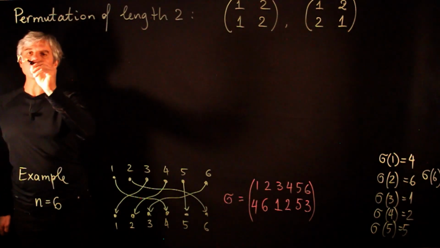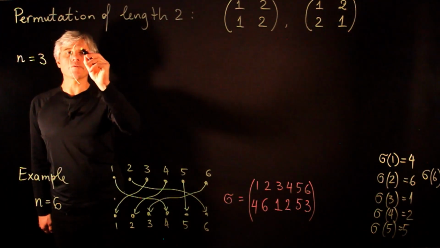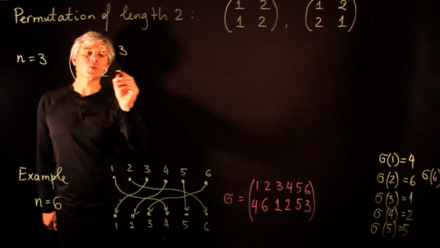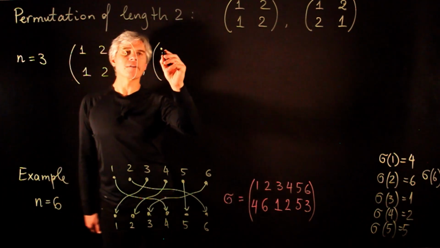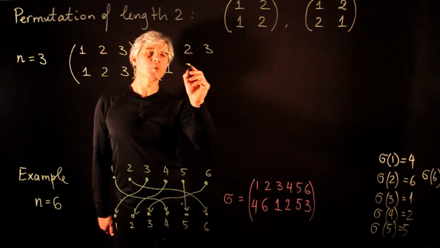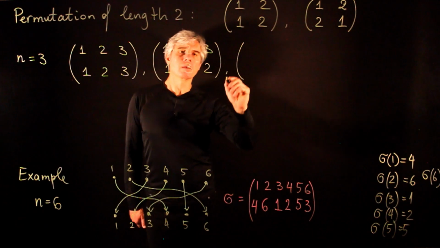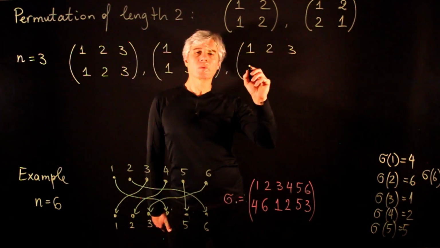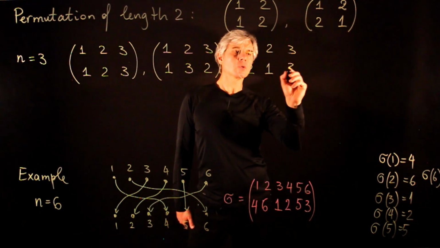If we take permutations of length 3, then we get more of them. So we could have 1 goes to 1, 2 goes to 2, 3 goes to 3. Then we could have 1 goes to 1, 2 goes to 3, 3 goes to 2. Then we could have 1 goes to 2, 2 goes to 1, 3 goes to 3.